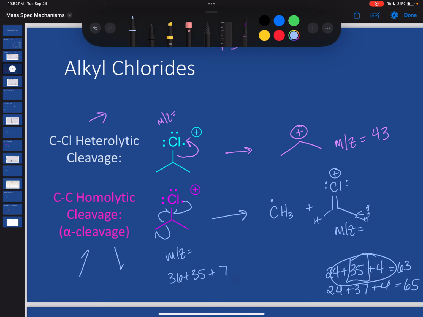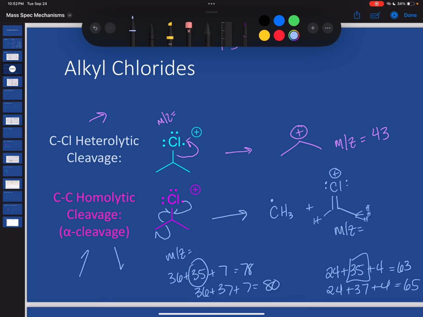Well, that's because I lost the methyl group, that's why. So here I'm getting a mass to charge ratio of 36 plus 35 plus 7. I'm getting 78. Again, this only accounts for one isotope, so I need to account for that other isotope at 37, and that's going to get me to 80.